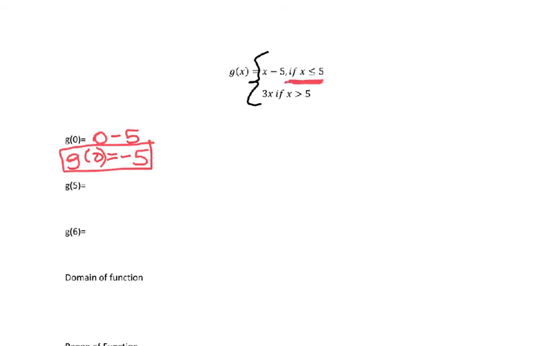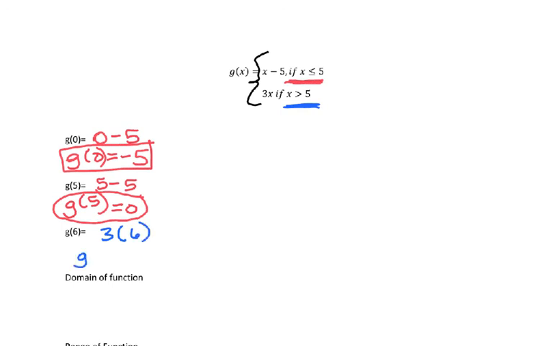That means 5 is included in this one. So g of 5 equals 5 minus 5, g of 5 equals 0. But 6 is down here in this piece. 6 is greater than 5. So here g of x is 3x. So g of 6 would be 3 times 6. g of 6 is 18.